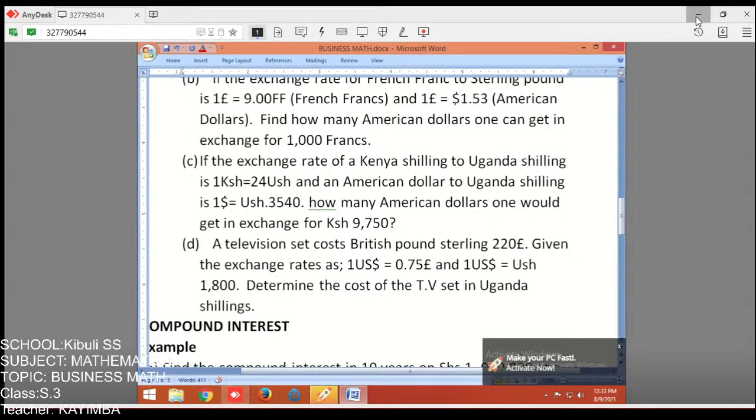I also changed 220 to US dollars. Then I got 220 divided by 0.75 and multiplied it by the Ugandan rate. You did divide it. You just took it the way. They said if it's recurring, you leave it and you don't pay errors.